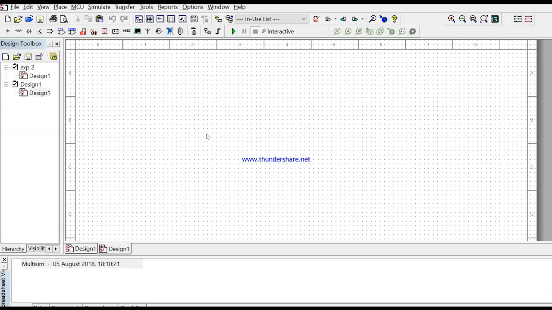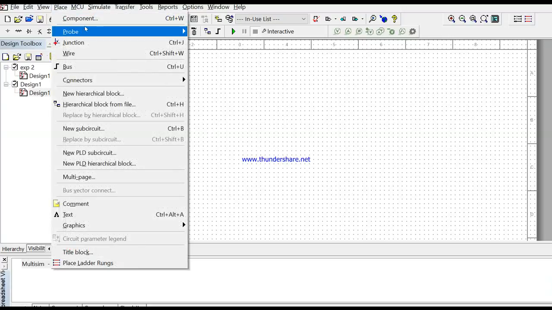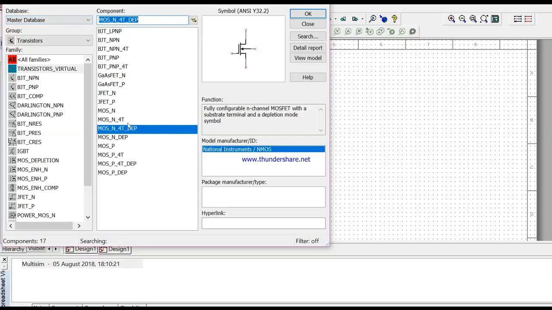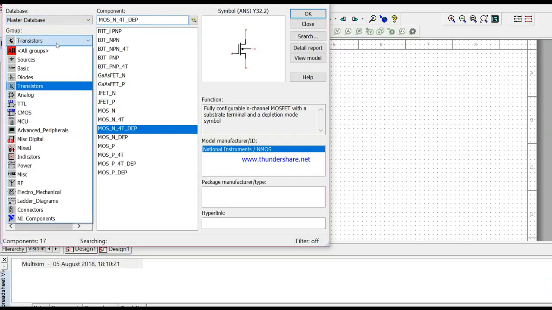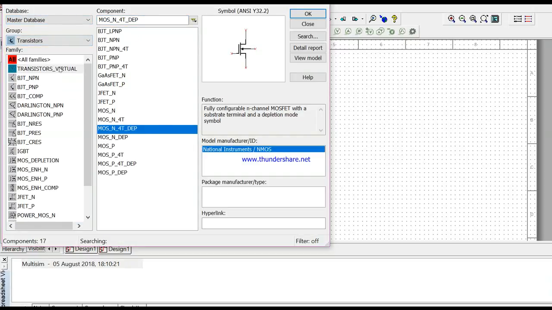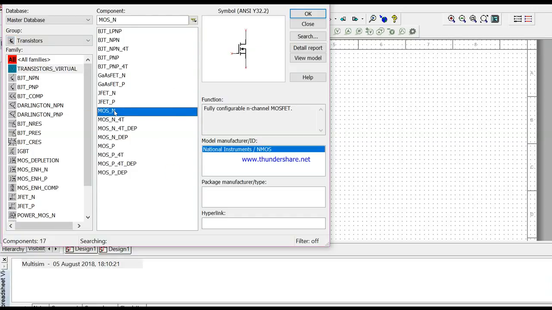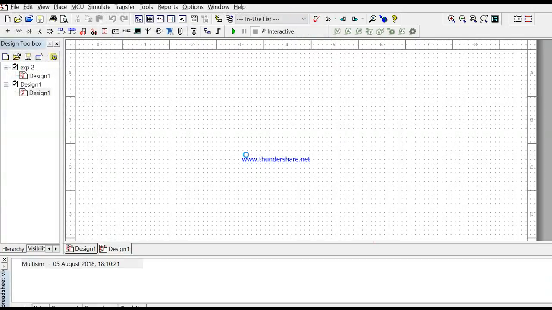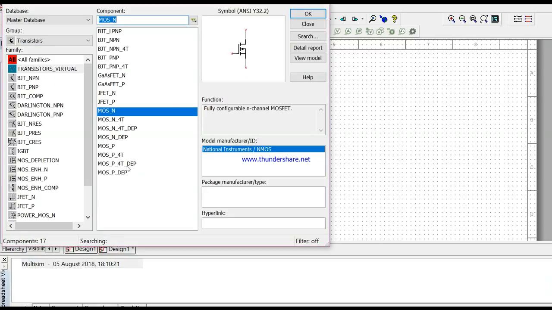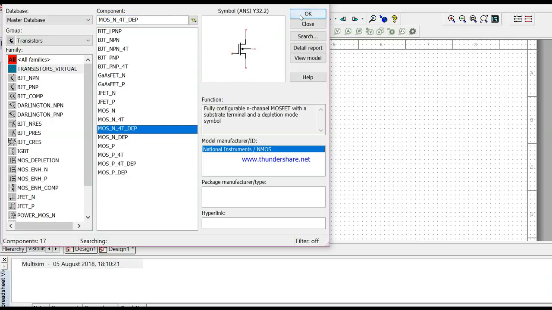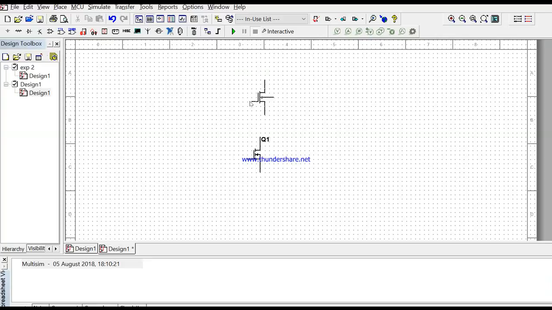So this is the NI Multisim software. In this we'll gather the components. That is, first you have to go in transistor over here, transistor virtual, and then in this select MOS N, which would be our driver, and here select MOS N 4T depletion, which would be our load.